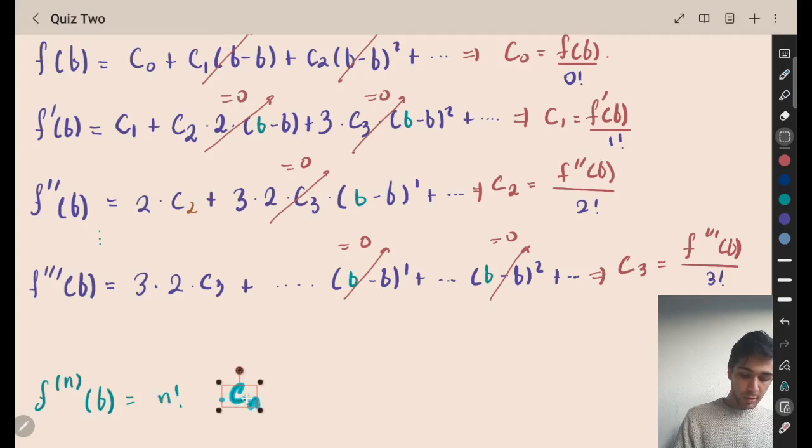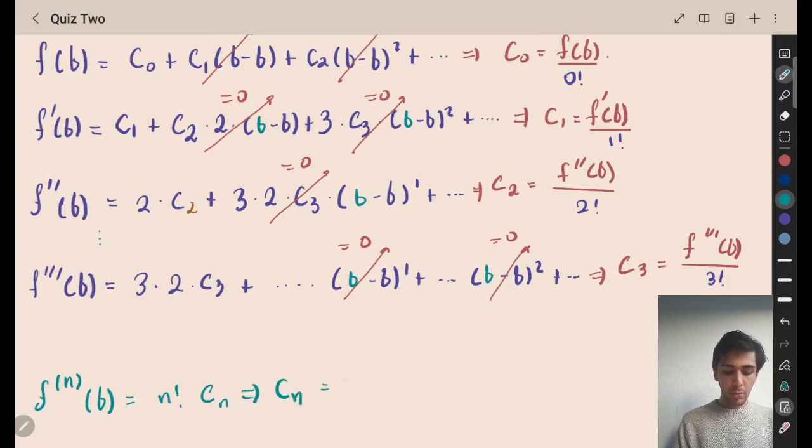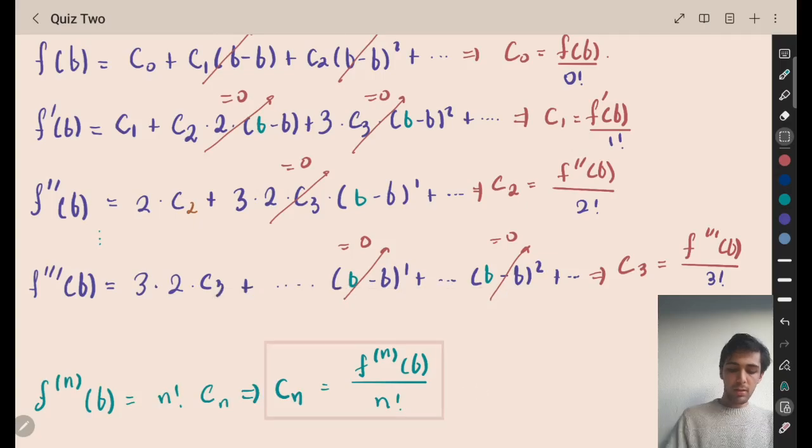You can prove this by induction, if you would like, or simply differentiate this term n times like we did, and you always get the n factorial next to the Cn, which means that my Cn will always be f^(n) at b divided by n factorial. And is this all we need? Let's see.